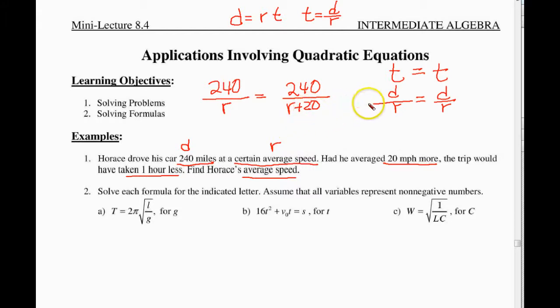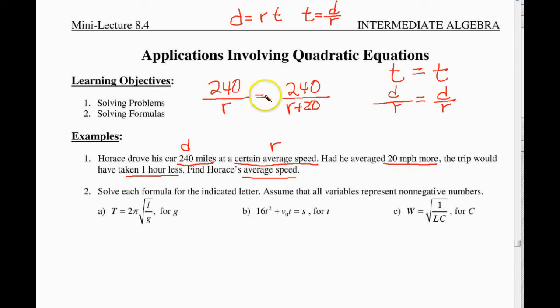Okay, so what we're going to do is put what we know into this formula. Distance divided by rate. We know this is time, and we know this is time. So 240, our distance, divided by rate. That's the first thing they're giving us. And we're saying somehow this is going to be equal.